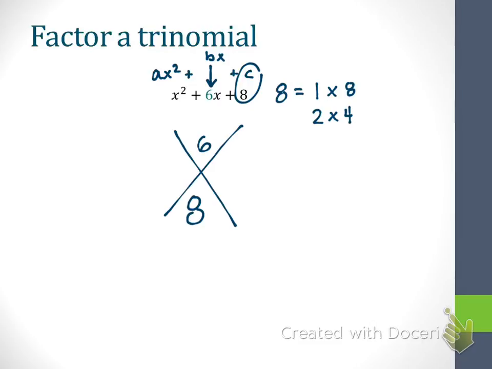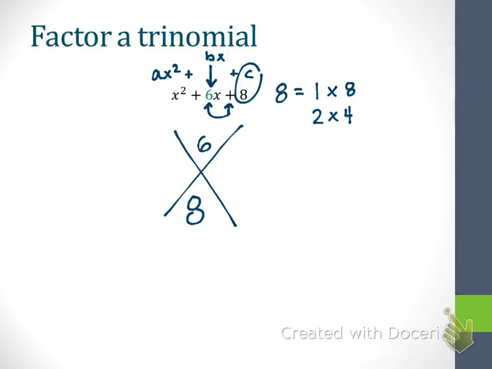No. Okay? Now this is where 8 comes into play, whether it's positive or negative. If C is positive, I'm looking for the two terms that add to give me B. If it's negative, I'm looking for two terms that subtract to give me B.